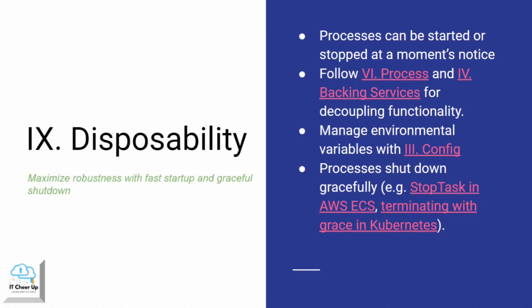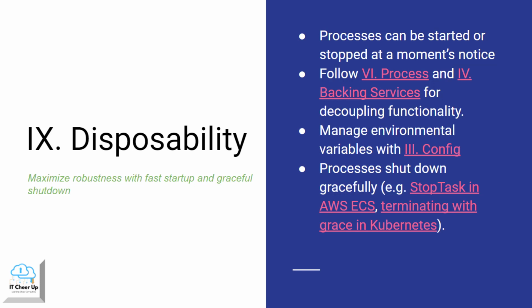Number 9, disposability. The 12-factor app's processes are disposable, meaning they can be started or stopped at a moment's notice. So you should make sure the startup time is minimal, such as how long it takes to perform the startup scripts, load the images, initiate the packages, and complete the tasks during startup. You should follow the number 4 backing services and number 6 process factors for decoupling the functionality.